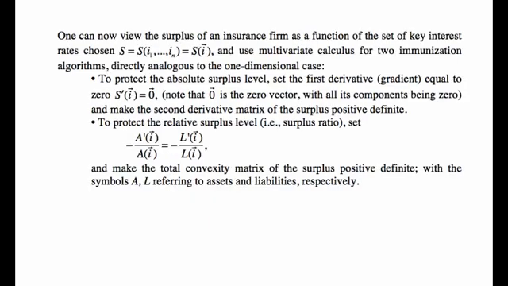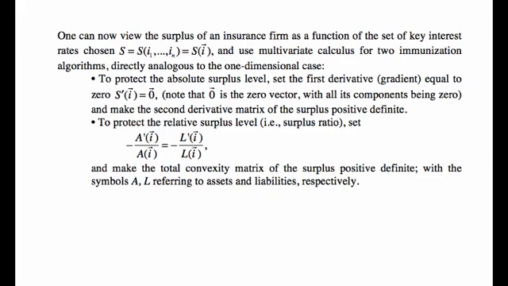You can now view the surplus of an insurance firm as a function of the set of key interest rates chosen for this consideration, those i1 through in, and use multivariate calculus for two immunization algorithms directly analogous to the one-dimensional case. To protect the absolute surplus level, you set the first derivative, the gradient vector, equal to 0, a zero vector of course, and make the second derivative matrix of the surplus positive definite.